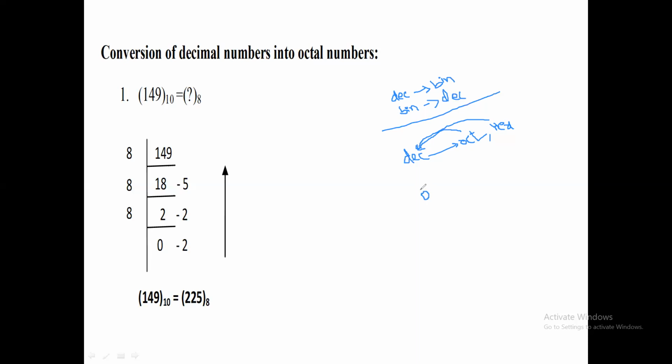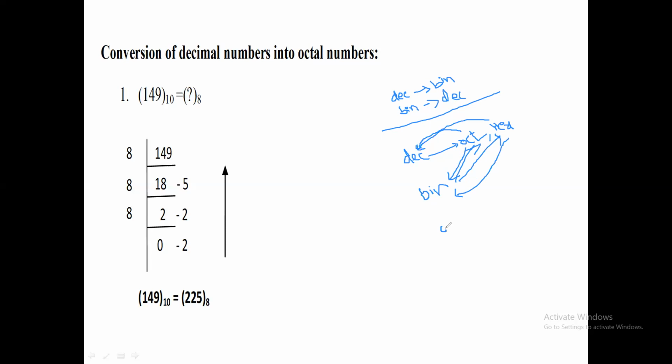Then we will see how to convert the binary numbers into the remaining two. That is binary to octal and binary to hexadecimal. Similarly, from octal to binary and hexadecimal to binary. A total of 8 conversions now we need to understand.